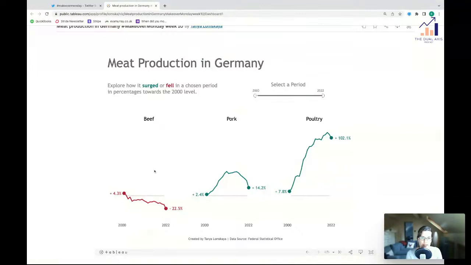But I like that this makes it super obvious how much something has increased or decreased. So, you know, beef just standalone, we see, wow, it's really dropped. Pork went up and then dropped again. So ultimately, it's not increased that much, but poultry has a huge increase. So I think the viz is good. I would just give it a little bit more of an anchor visually.